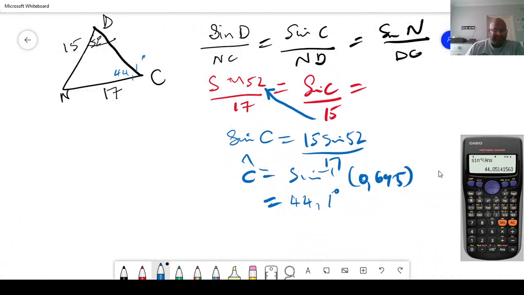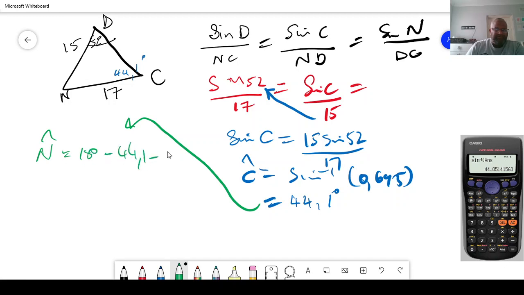So I can go with the sum of angles in a triangle. So angle N is equal to 180 minus 44,1 minus 52 degrees. So that's 180 minus 52 minus the last answer calculated, which is 44,1, gives you 83,95.